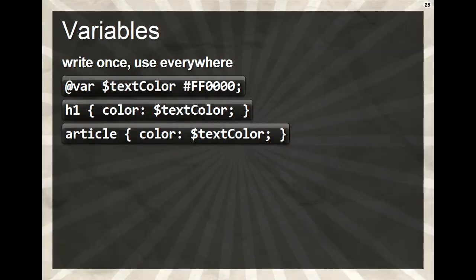The variables. Another interesting thing that we can use in our CSS styles. We can define the default colors, for example, or widths, or other variables in our style sheet.